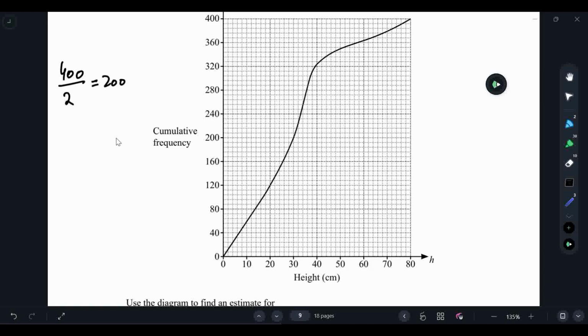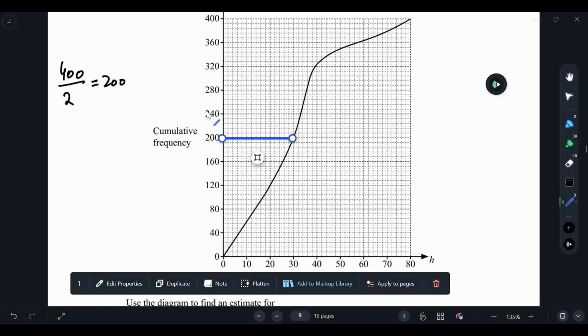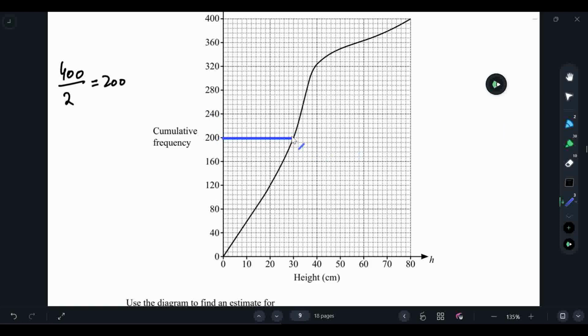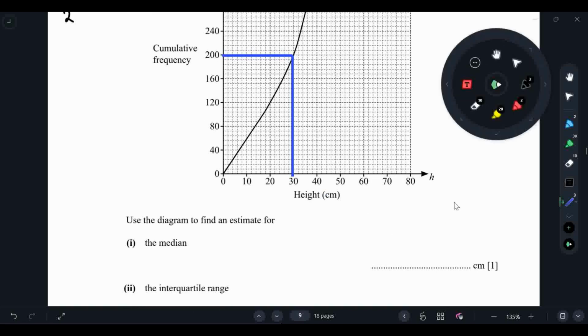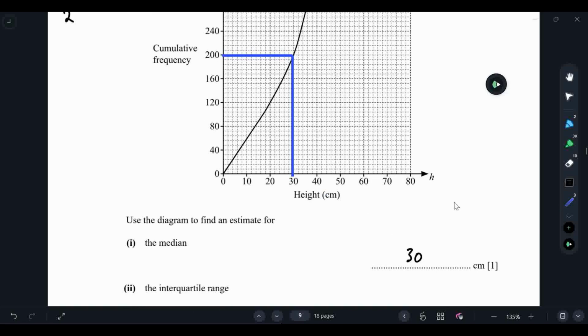We have to see the corresponding value at 200. If we draw a straight line from 200, this will be 30. So the median will be 30.